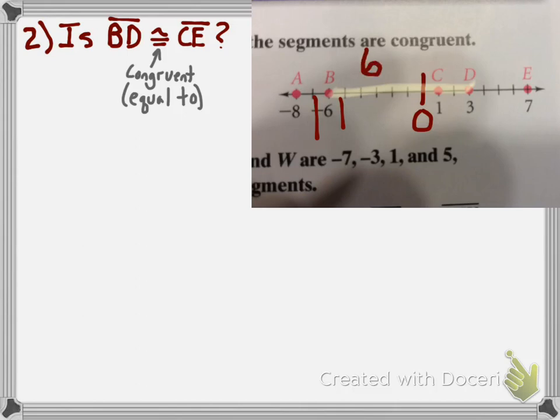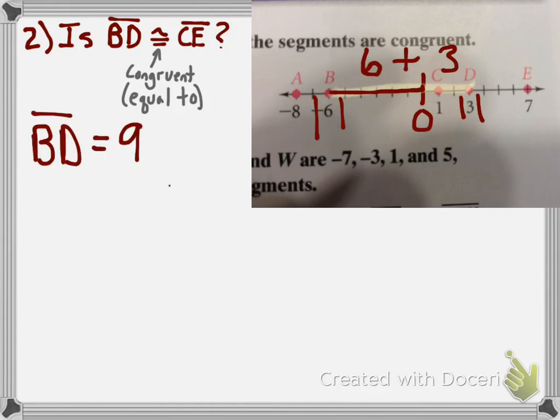Okay, so that will get me this distance right here. Now I look from 0 to 3 because I got to get all the way to D. It is the distance, or the absolute value of 3, which is still just 3. If we add them up, the distance from B to D is 9. Okay, so BD equals 9.